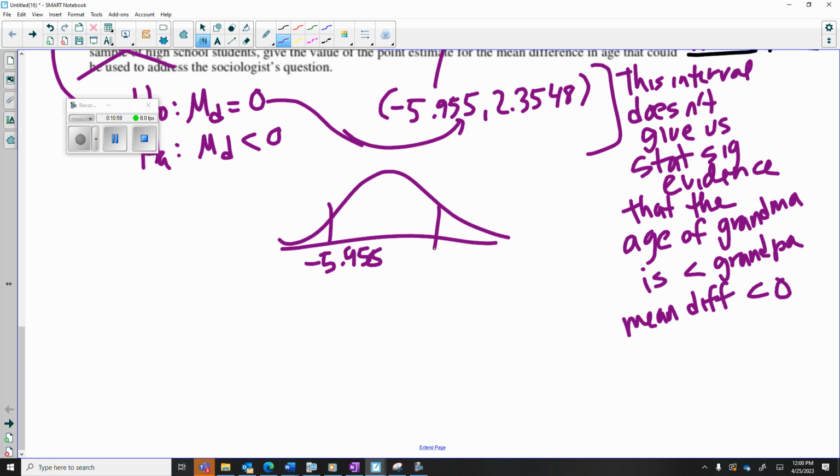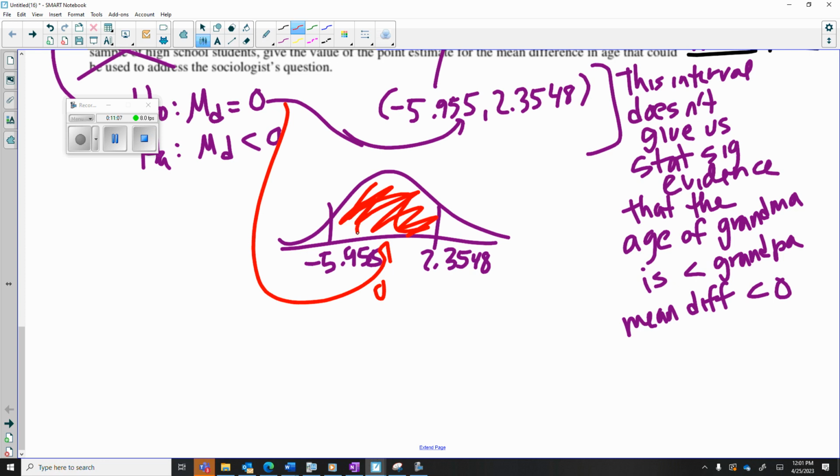Remember, if you graph this, you would see that the 0 would lie in the interval in the middle, and if it's in the middle, the p-value is not low, so you cannot reject the null.